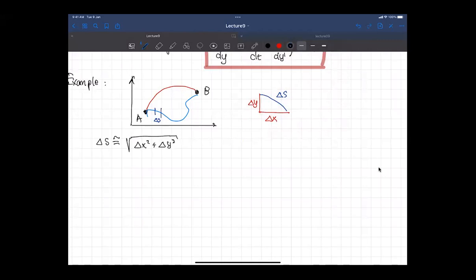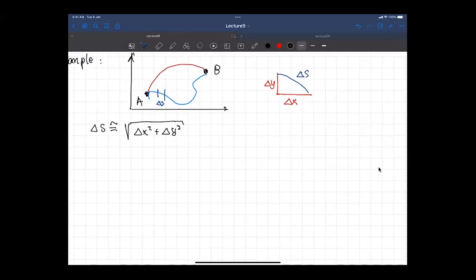This is an approximation: a very, very small segment can be approximated by a line. The blue line is not necessarily a line, but a small segment of the blue line must be a line, or can be approximated by a line.